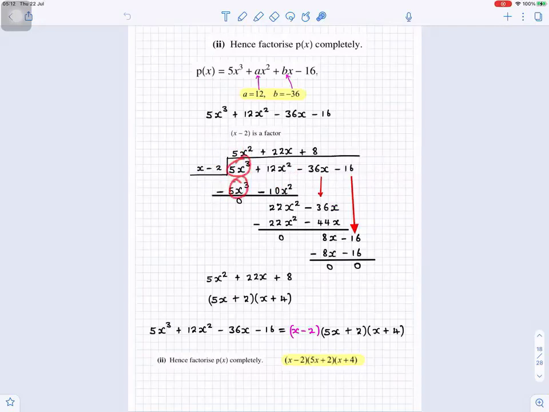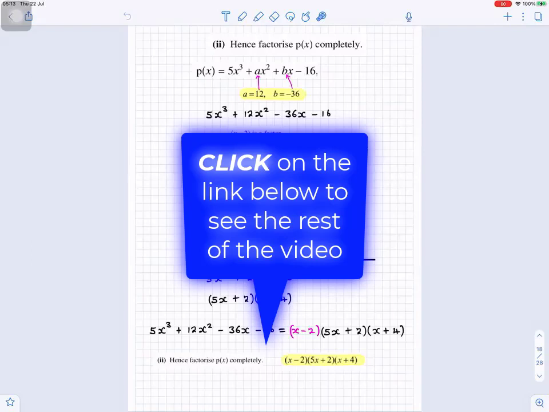5x cubed minus 5x cubed is 0. 12x squared minus 10x squared gives you 22x squared. You divide 22x squared divided by x gives you 22x. Multiply 22 times x is 22x squared. 22 times minus 2 is minus 44x.